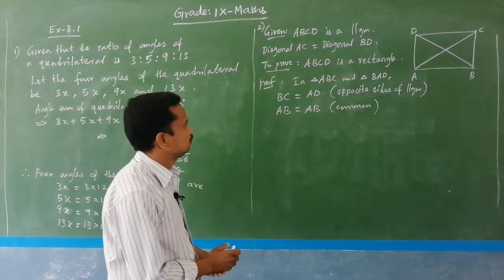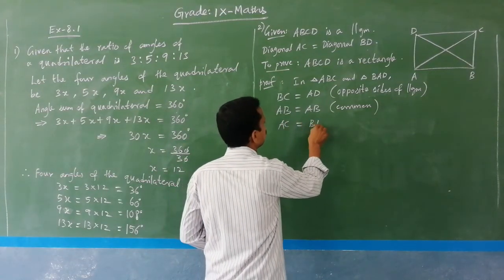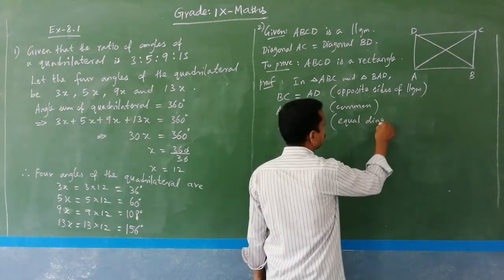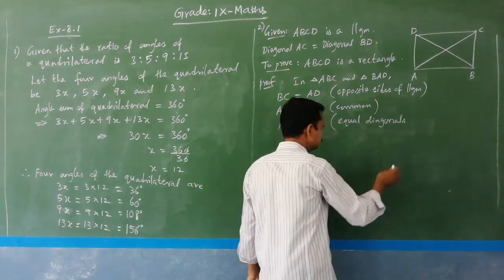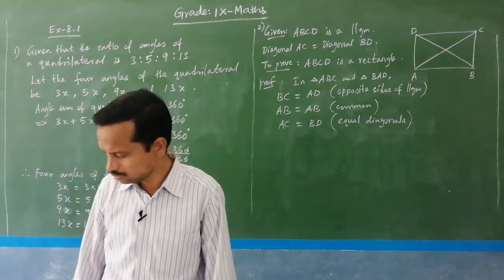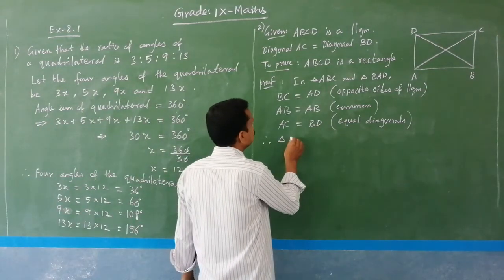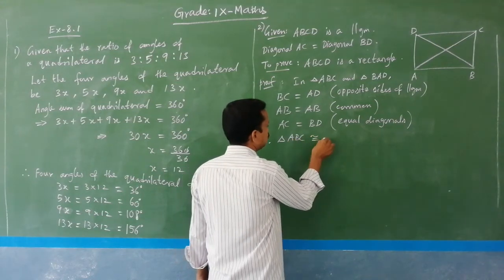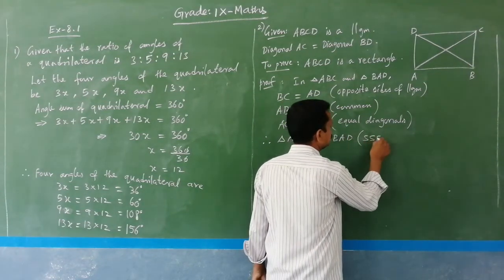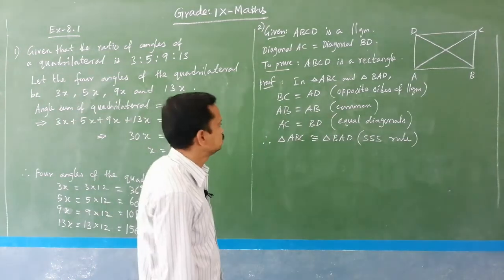Okay. And the diagonal AC is equal to BD, equal diagonals given. So, by the SSS congruence rule, you can easily say they are congruent. Therefore, triangle ABC is congruent to triangle BAD by the SSS congruence rule.